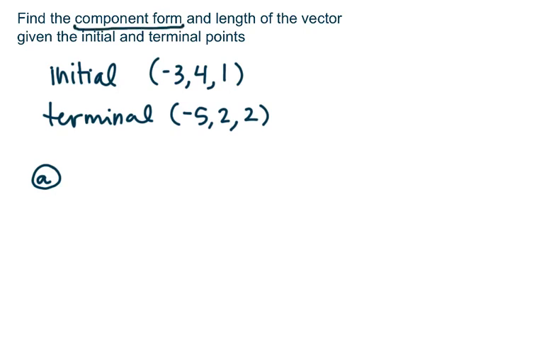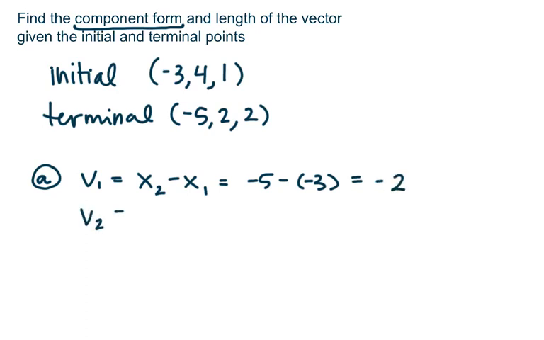The component form is found, V1, my x component, would be the difference of my x's. So x sub 2 minus x sub 1, -5 minus -3, which gives me -2. V sub 2, my y component, would be the difference of my y values, y sub 2 minus y sub 1, 2 minus 4, which is also -2.